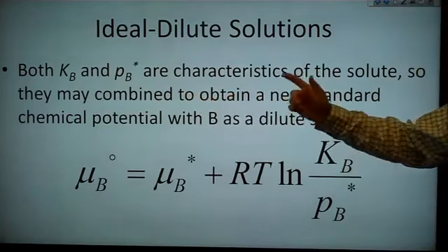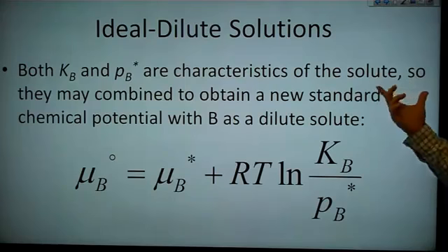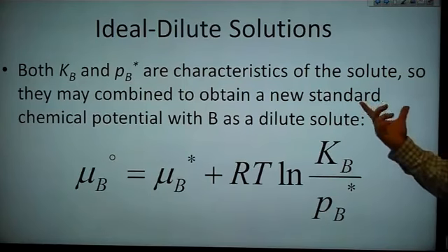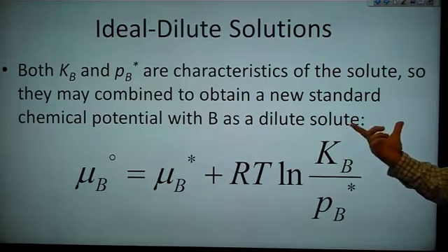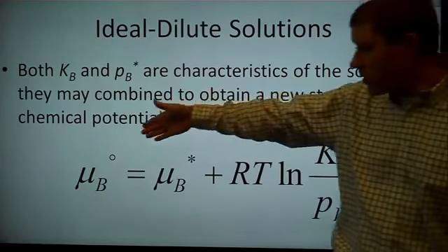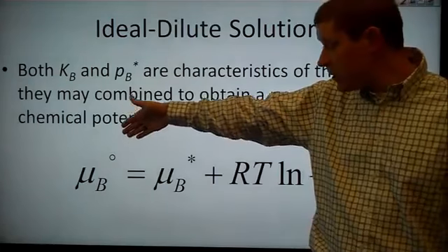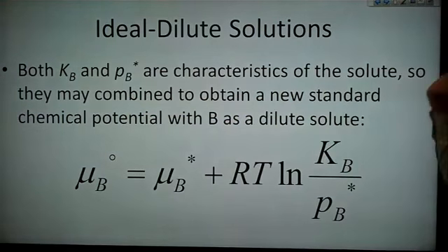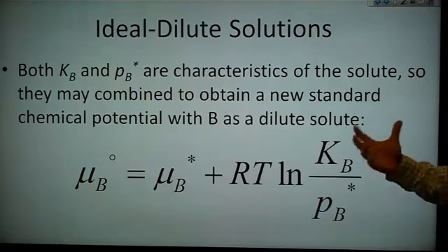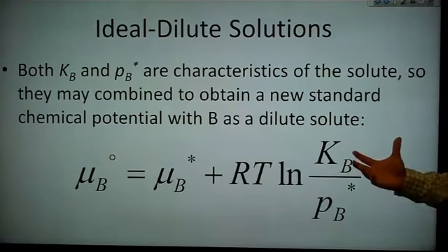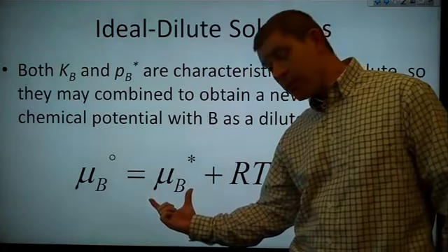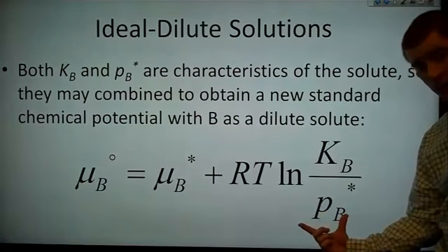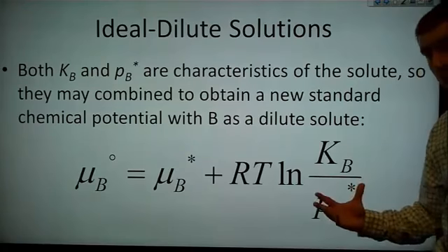Now, both Kb and Pb star are characteristics of our solute, so these can be combined together to get a new standard chemical potential with B as a dilute solute. So note that now we have mu B naught, where the naught is now saying that B is our dilute solute, and so we're wrapping together the chemical potential of B when it's pure and this Kb over Pb star term.